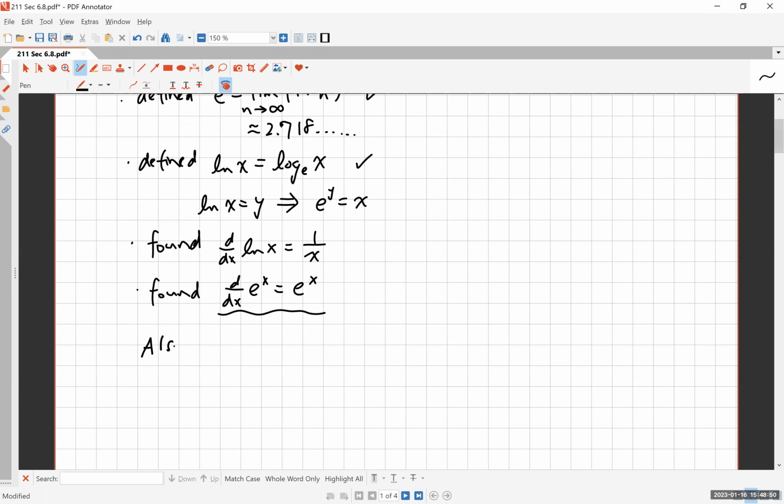And then immediately we can figure out based on this that the integral of e to the x is e to the x plus c, right? And then the integral of dx over x is the natural log of, and we had to do a little work when x is negative, but this turns out to be the natural log of the absolute value of x, plus c.